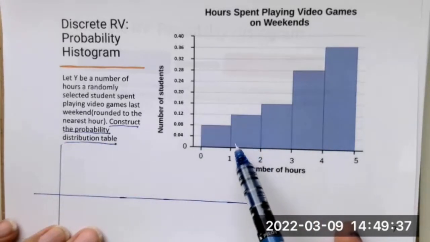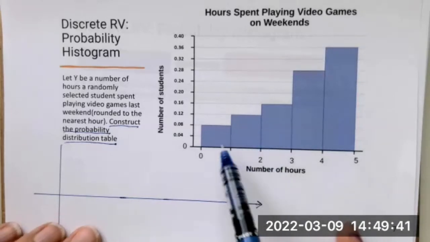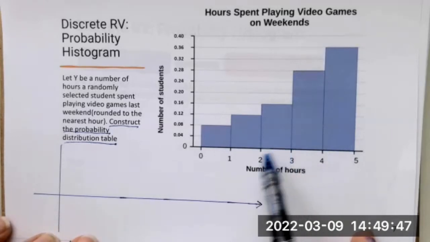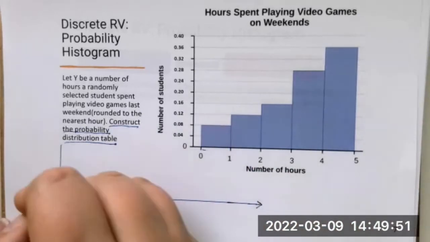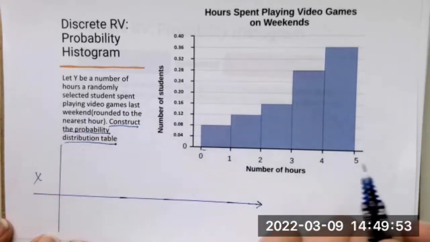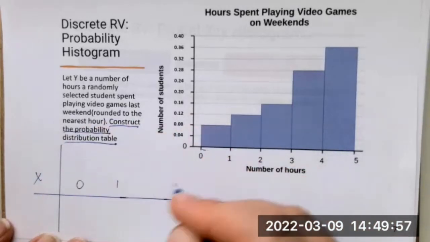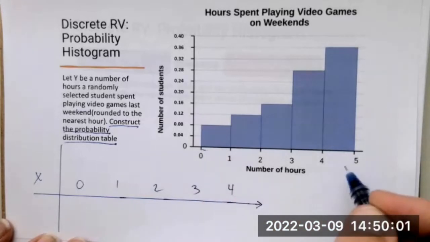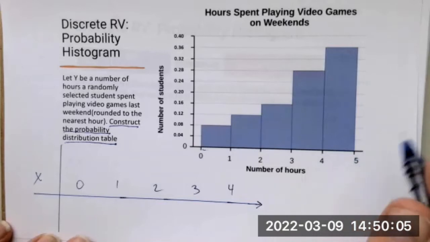In other words, to recreate the table from which this histogram was created. Can we do that? The answer is, of course, yes. Do we know what the x values were? Yes. It's 0, 1, 2, 3, and 4, as we already mentioned. 5 is not included. The right end is not included.